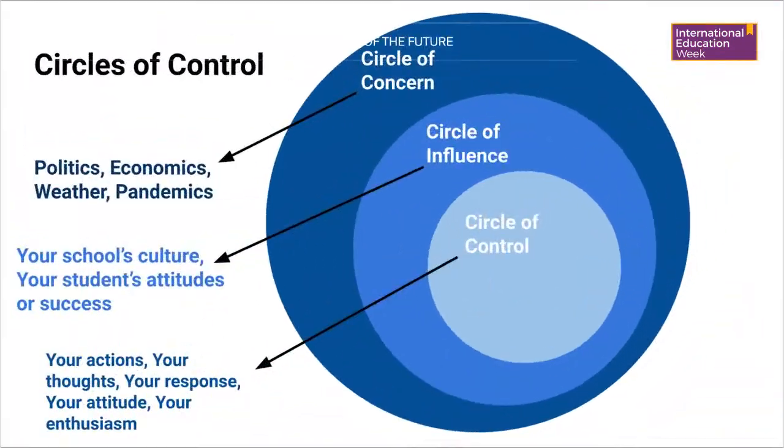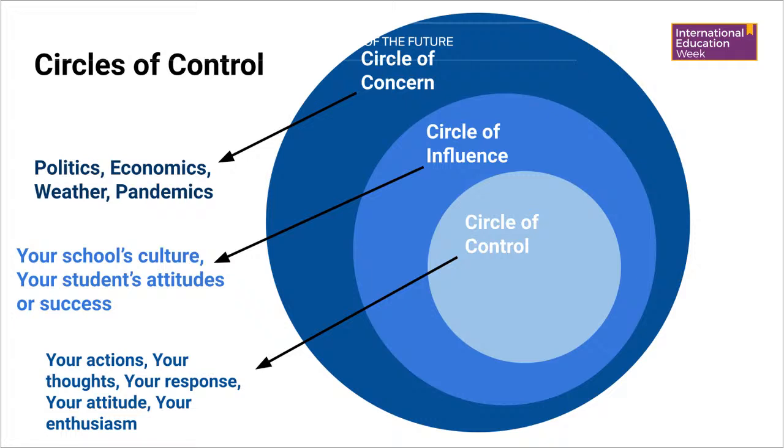And so between these three circles, sometimes if we face a challenge, we need to look at where the challenge fits in the circle. If it's in the circle of concern, we can pay attention, but we need to sort of let it go. If it's in the circle of influence, we can advocate and ask questions and try to use our influence, but then ultimately we let it go.